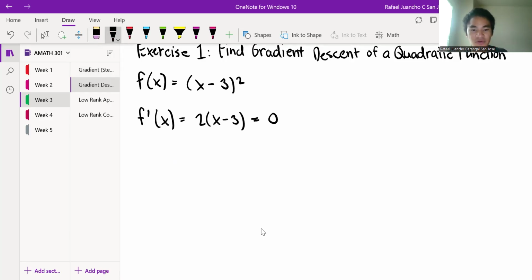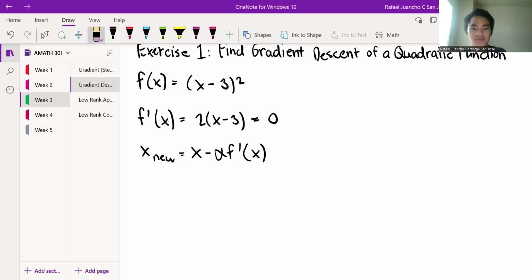So the idea is that we want to make use of this iterative method, right? So this is x new, our new x. I'm going to write it this way, is equal to our x minus, let's say, alpha times f prime of x, right? This x is basically our initial thing.